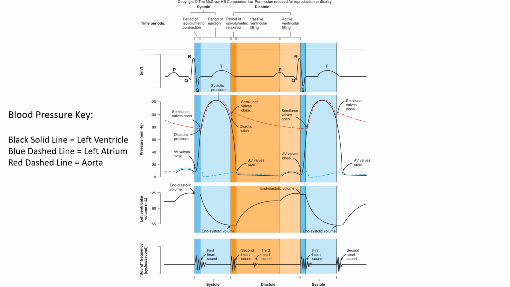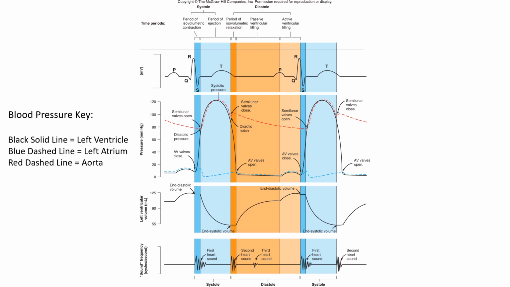Following the next trace down, as you see during the period of isovolumetric contraction, the pressure in the left ventricle, again the black solid line, increases dramatically within a short period of time. When the pressure in the ventricle surpasses the pressure in the aorta, you get the period of ejection starting.